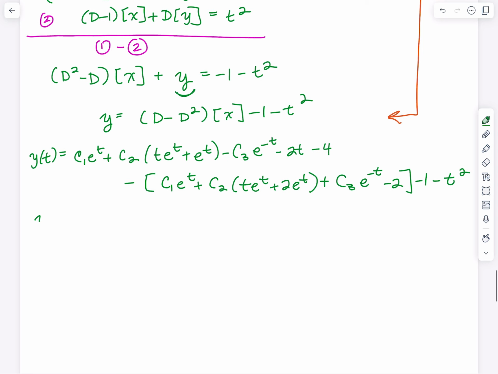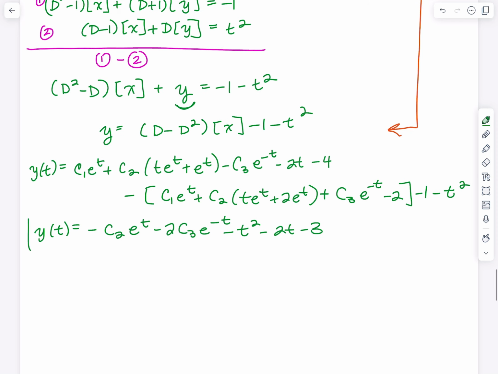And that just simplifies to the opposite of c2 e to the t minus 2 c3 e to the negative t minus t squared minus 2t minus 3. So the x of t and the y of t we have now will give us our general solution.